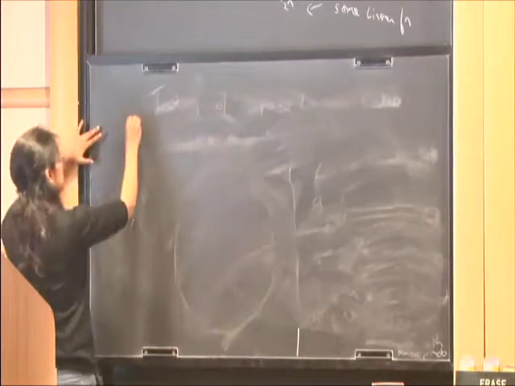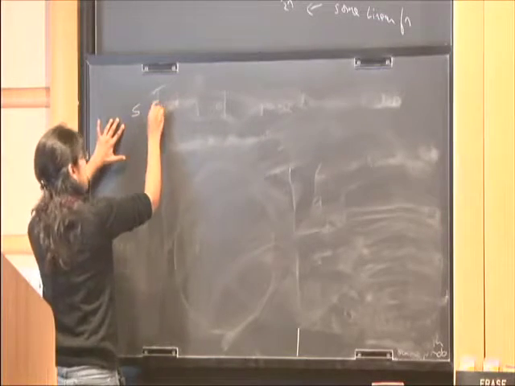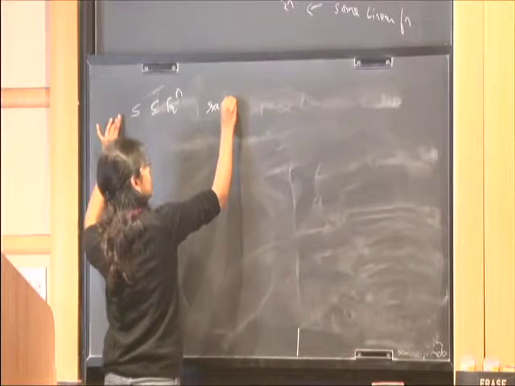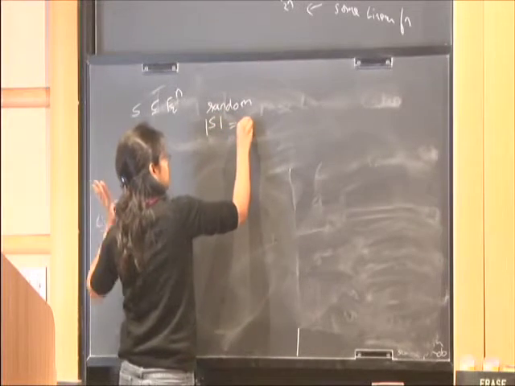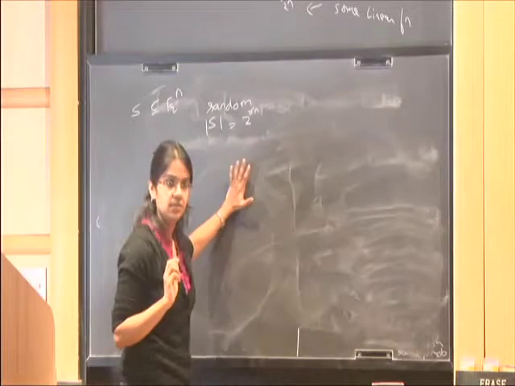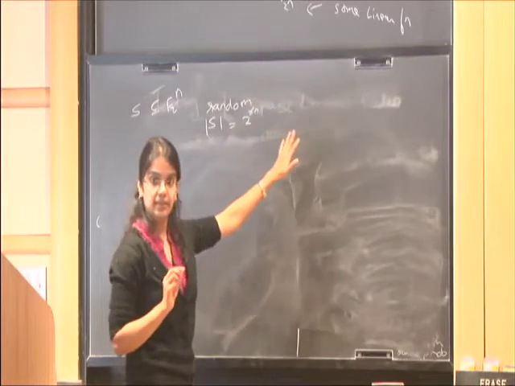One example of an unbiased distribution is: let S be a subset of F2 to the n, a random set, and the size of S is something like 2 to the gamma n for small constant gamma. So a random set of size 2 to the 0.1 n.